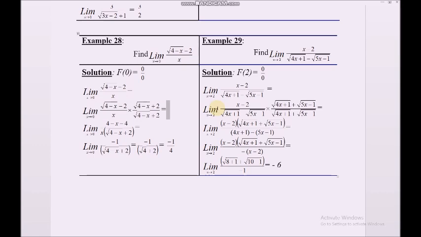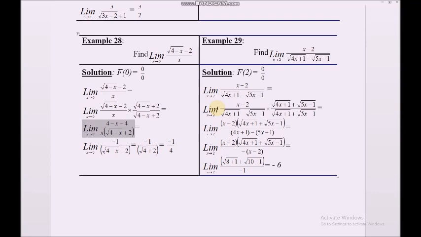Then the result is multiplying first by first, it's 4 minus x, multiplying negative 2 by positive 2, the result is negative 4. Look above. It's 4 minus 4, it's 0. Cancel it. You have now negative x.